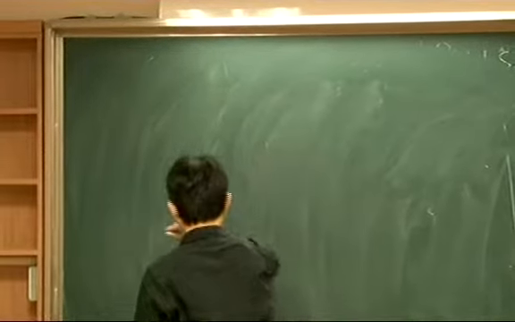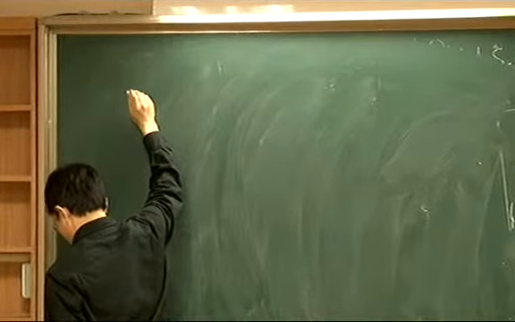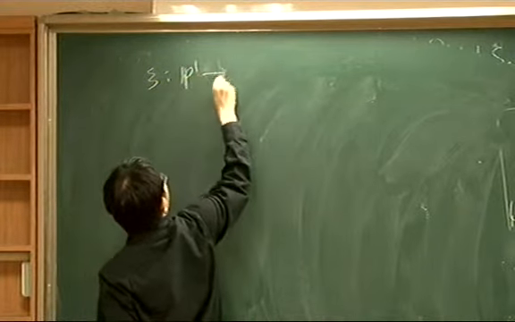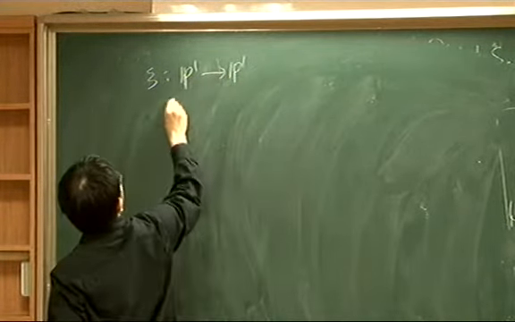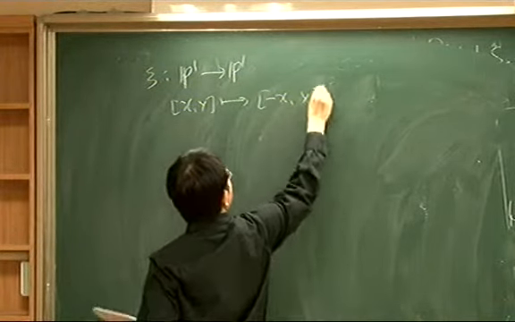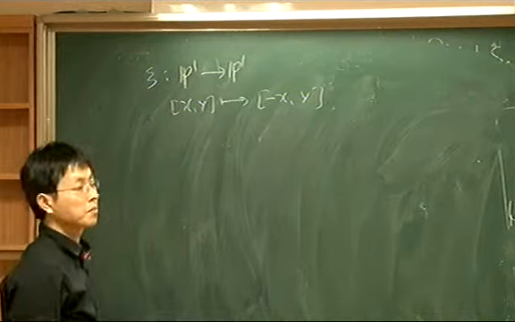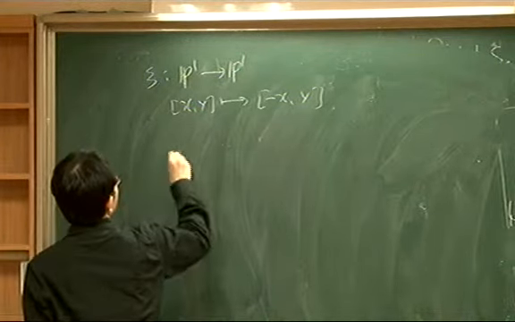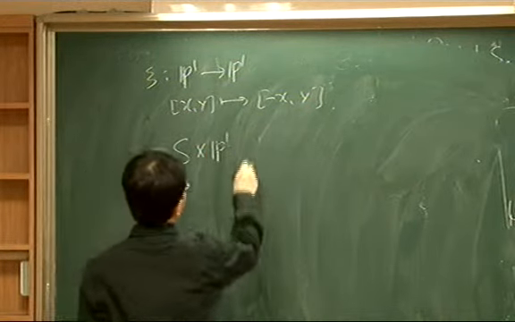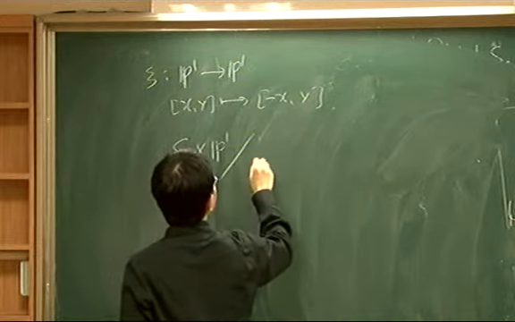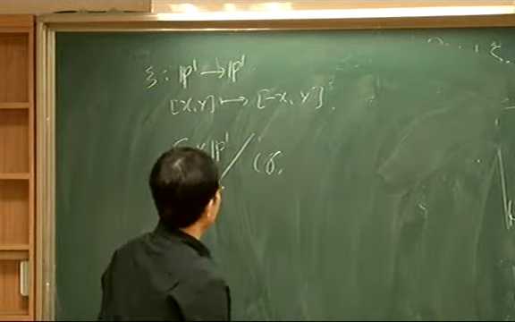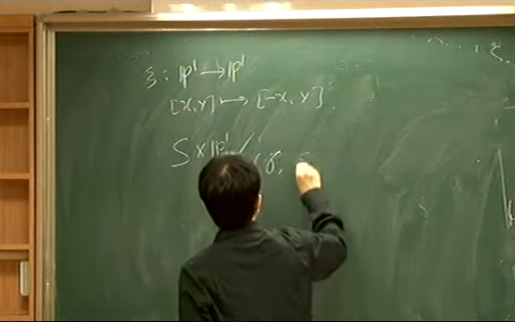Then consider this map, eta from P1 to P1, which is x, y goes to -x, y. This is a very simple map. And then consider S times P1 and take the quotient by this involution, sigma and eta.